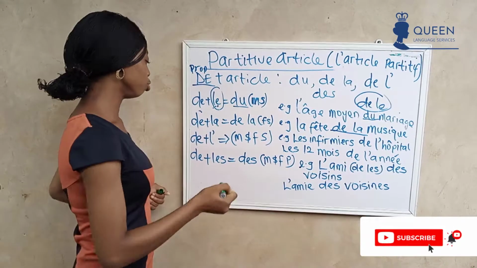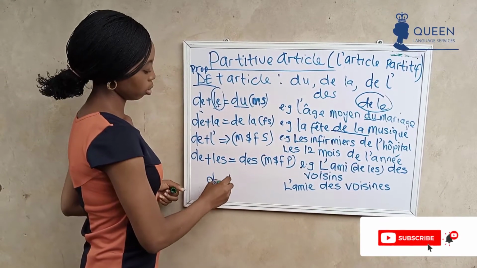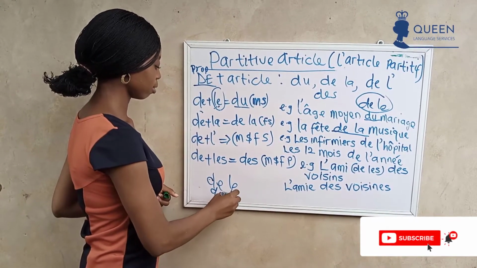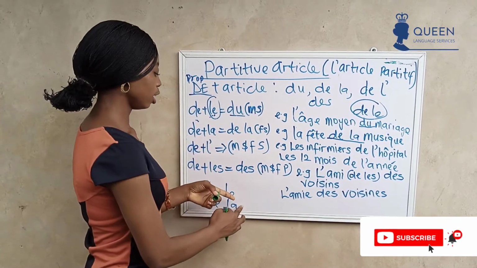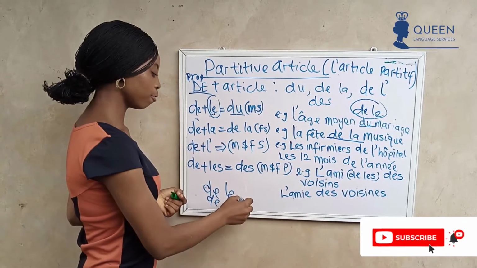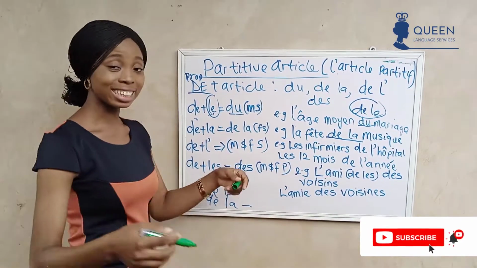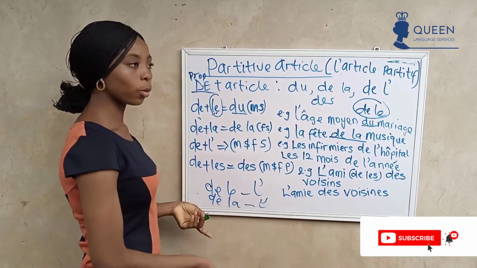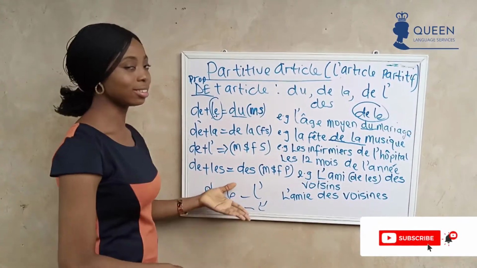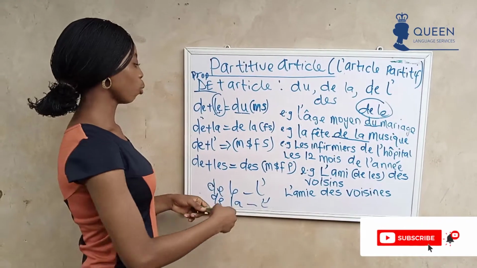Imagine that it is de le or de la, for example, and the next word coming is a vowel or a silent h. We have it this way for both, and note, it must be in the singular form.